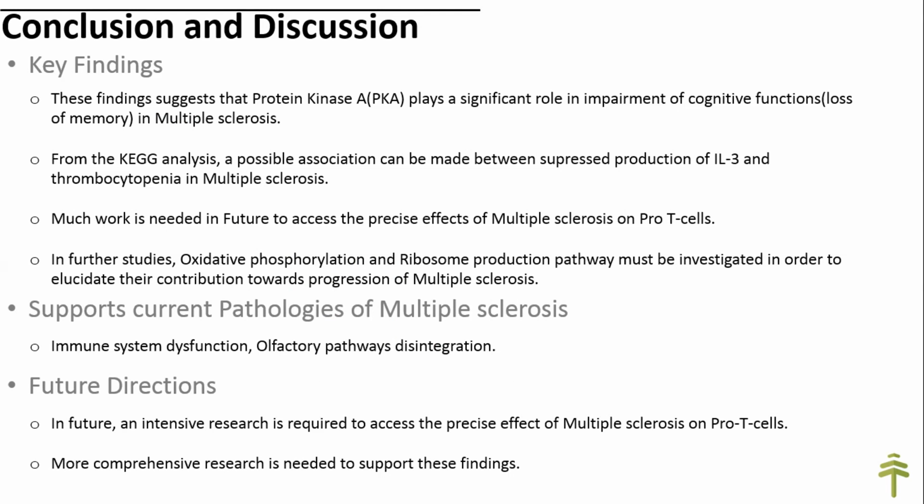Also, as per our KEGG analysis, a possible association can be made between suppressed production of interleukin-3 and thrombocytopenia in multiple sclerosis. For my future directions, I would state that much research is needed in this area to assess the precise effect of multiple sclerosis on progenitor cell differentiation and development.